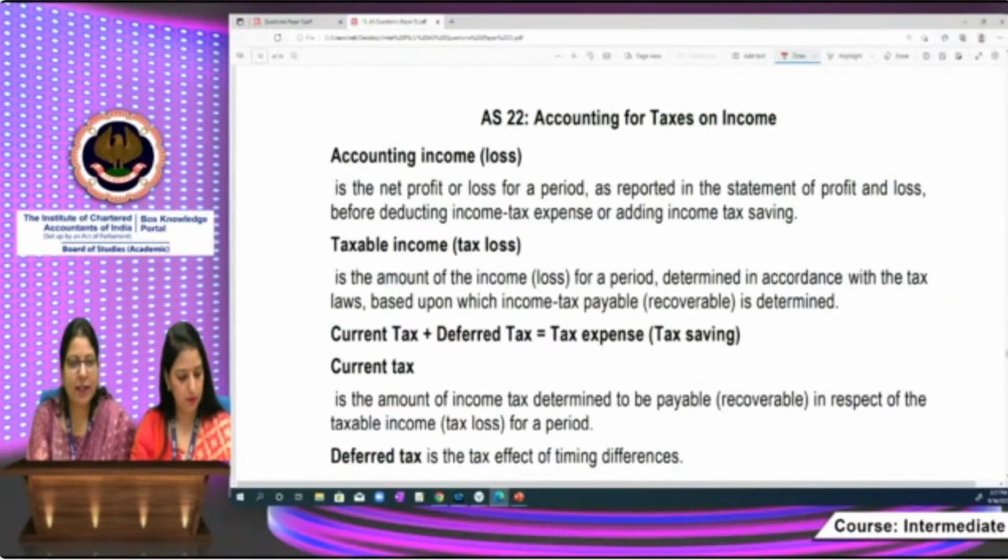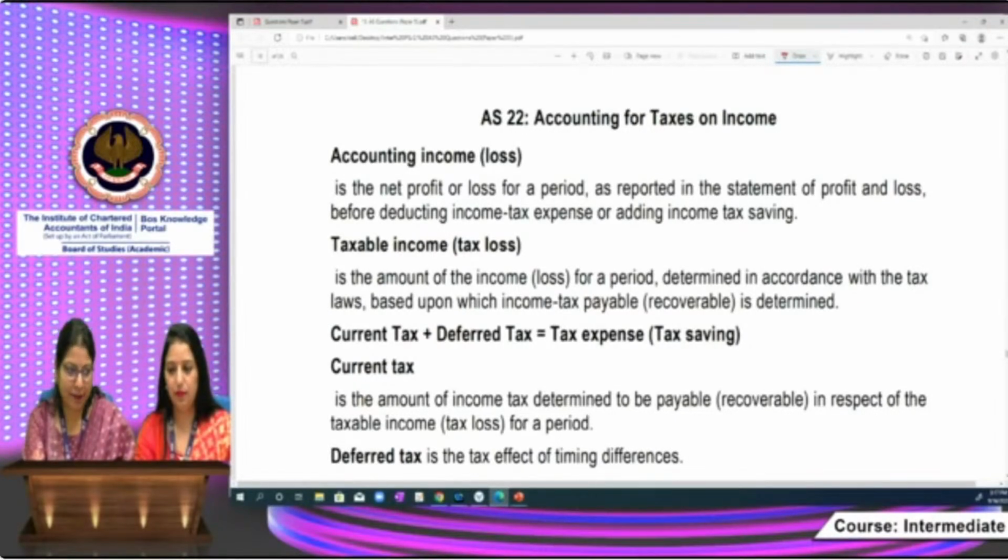First of all, let us understand the background for the introduction of this accounting standard. Accounting Standard 22 is on accounting for taxes on income. As the name itself suggests, it prescribes the accounting treatment for taxes on income. As you all know, each and every business entity has to pay income tax to the authorities, for which we have to make entries in our books.